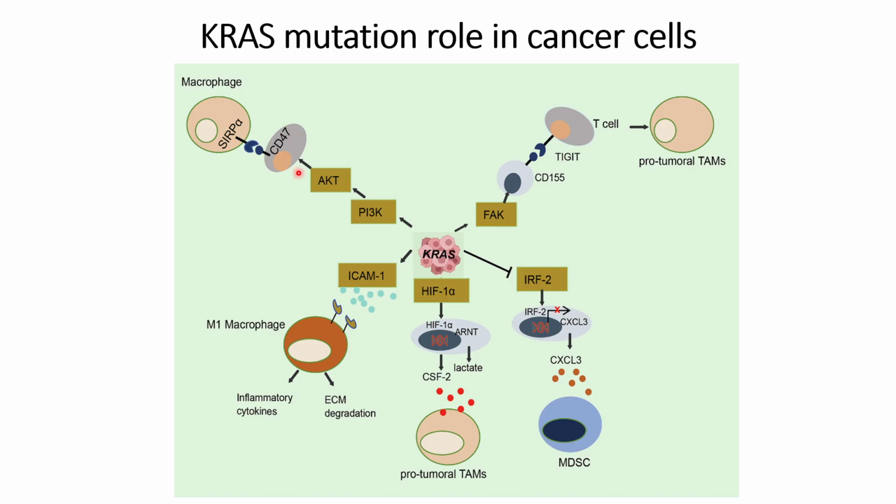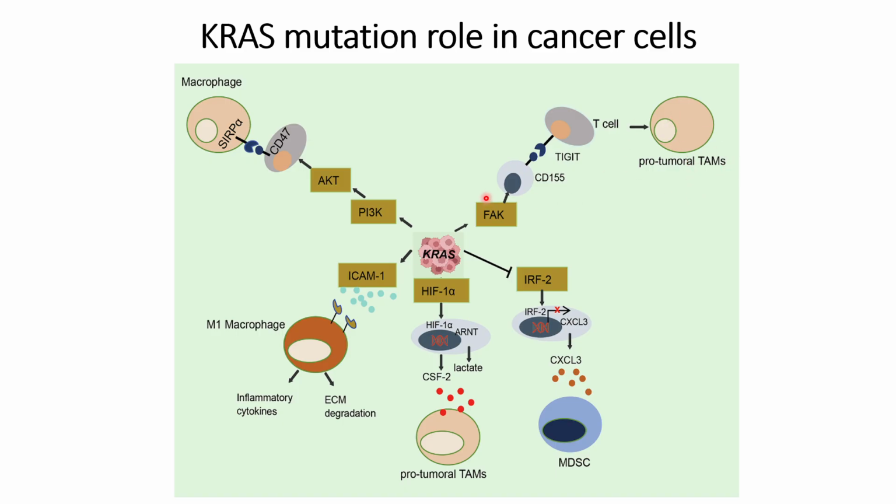People have also found that by inhibiting this CD47, they are able to see a reduction in tumor growth. Another receptor that these KRAS mutations regularly upregulate in most cases is CD155. CD155 upregulation can interact with TIGIT on the T cells, and it also helps the pro-tumoral tumor-associated macrophages, or we can say the M2 type macrophages.